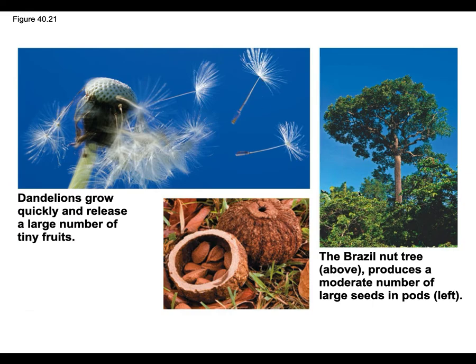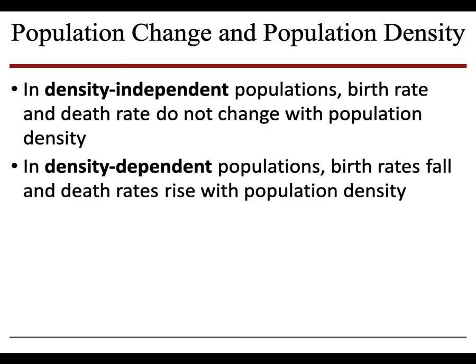Well, the Brazil nut tree takes a much longer and slower time to grow, and it invests a lot more energy in a larger seed with more protective mechanisms, and that might mean more Brazil nuts survive and become trees themselves, relatively proportional to dandelions.